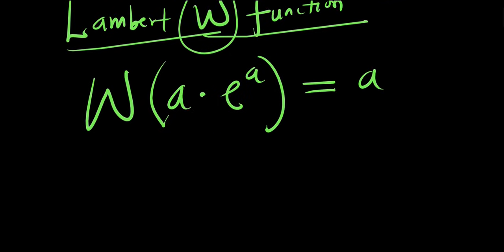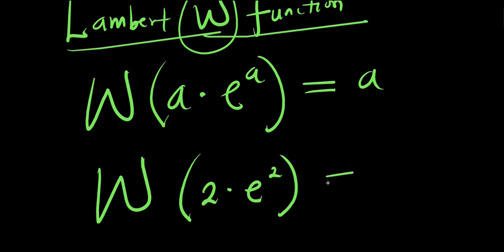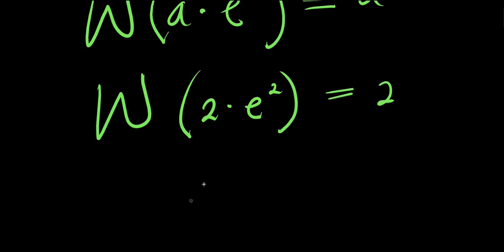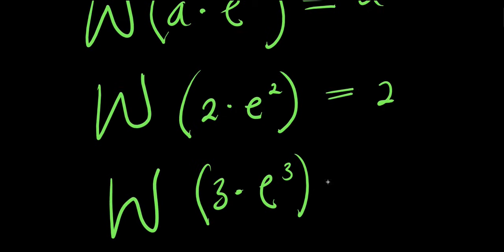Also, when you have maybe 2 times e to the power of 2, you apply the function again, and your result will be 2. And also, if you have 3 times e to the power of 3, apply the function, the result is 3.